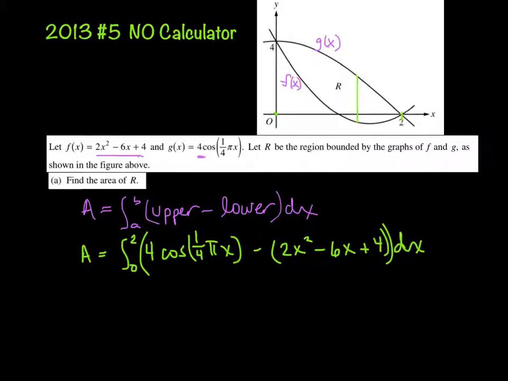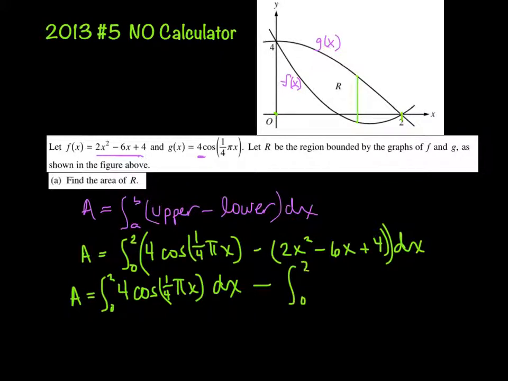So I'm going to go ahead and split this and say that area is equal to the integral from 0 to 2 of 4 cos 1/4 pi x dx minus the integral from 0 to 2 of 2x squared minus 6x plus 4 dx. Okay, so now I have 2 separate kind of problems to solve, and then when I put them together at the very end, I'll have a complete answer.